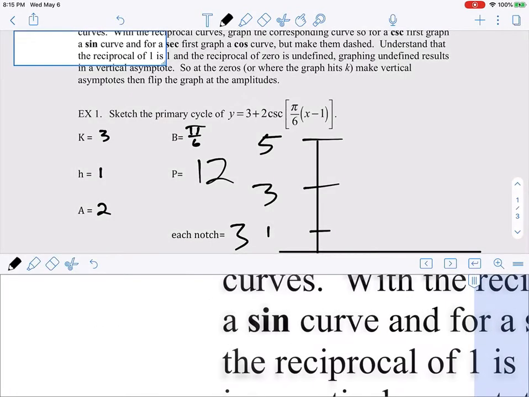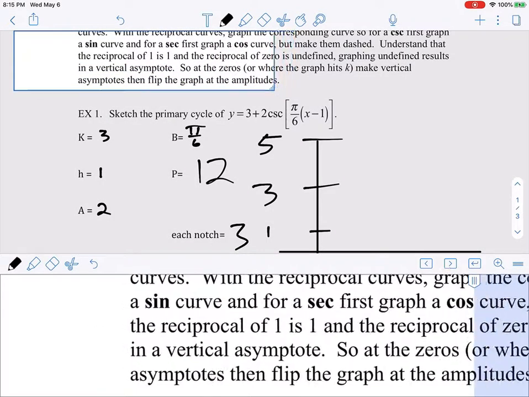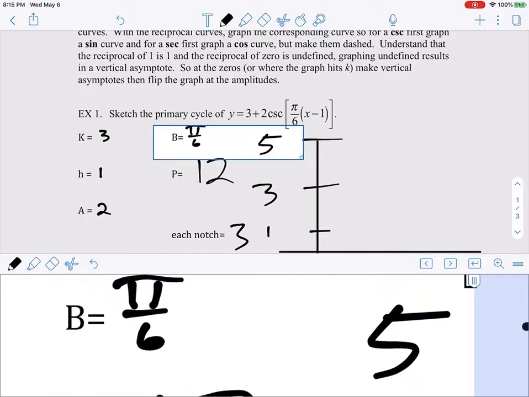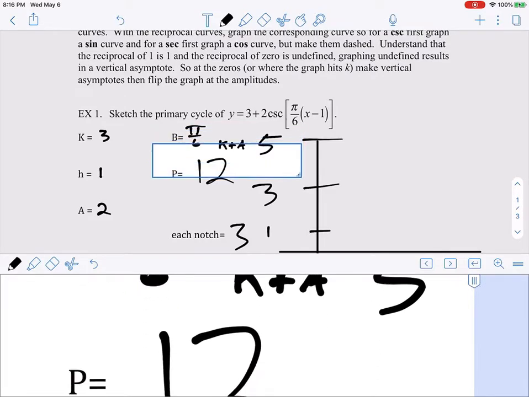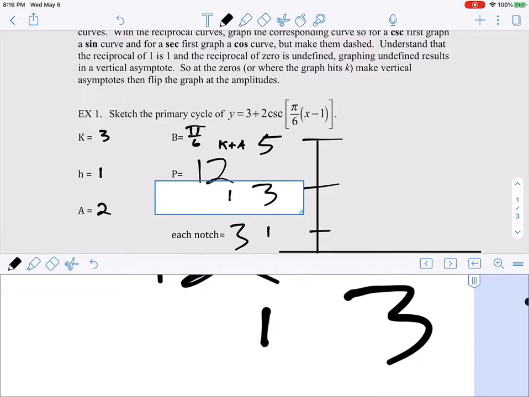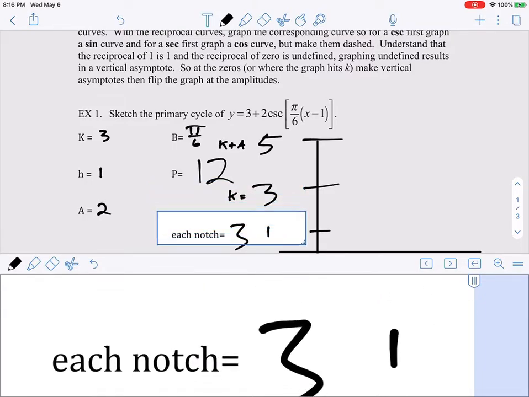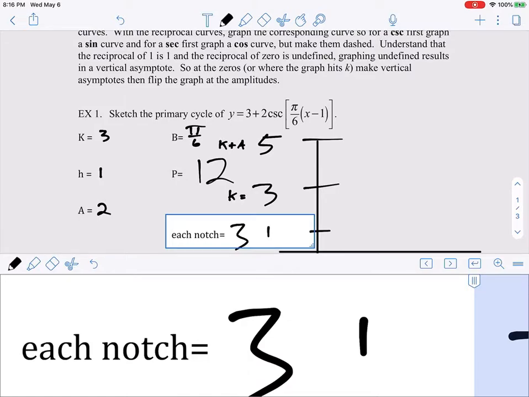Call this K plus A right there. And that is K equals 3. And that is K minus A equals 1. Okay, so anyway, that's how I set it up.